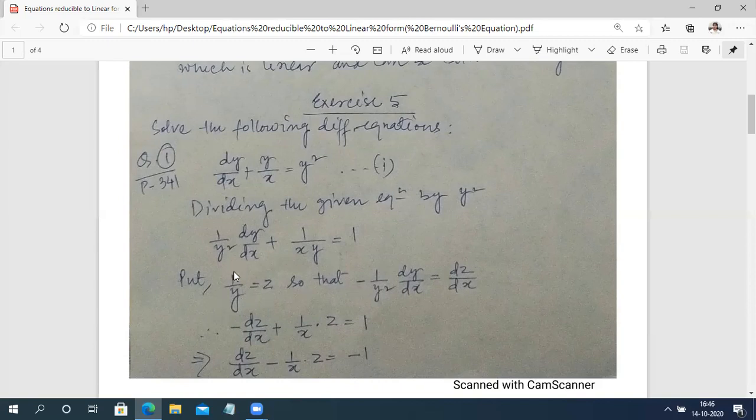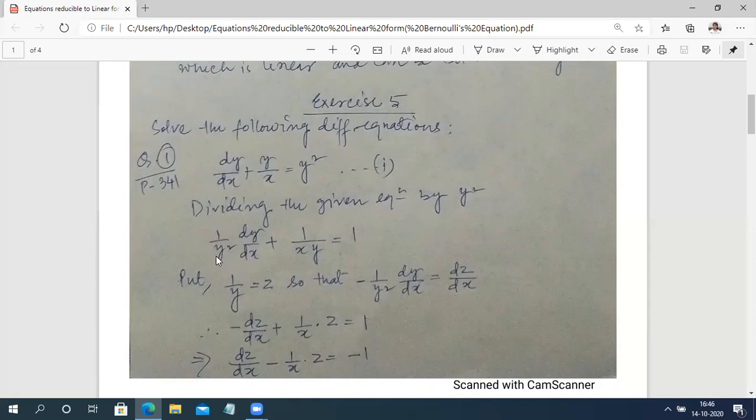This is 1/y, or you can say it is y raised to the power minus 1. So when you differentiate it, it will be minus 1 times y to the power minus 2, dy/dx. So minus of 1/y² dy/dx is equal to dz/dx. Now you have to replace this value in terms of z.